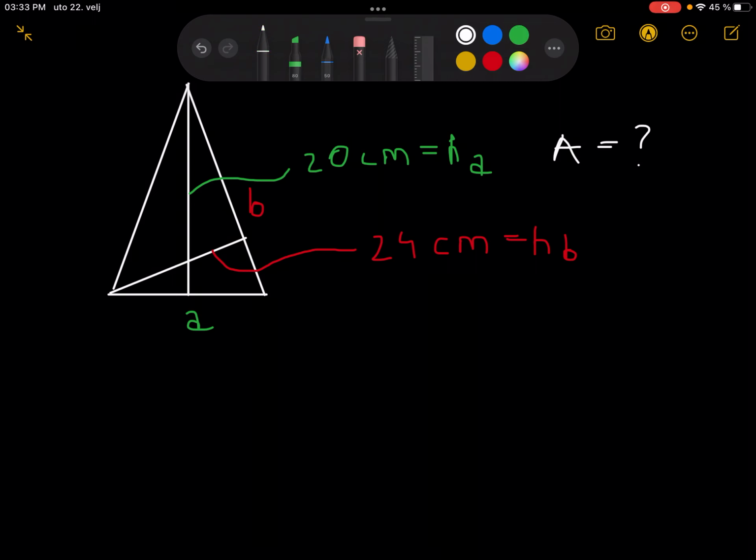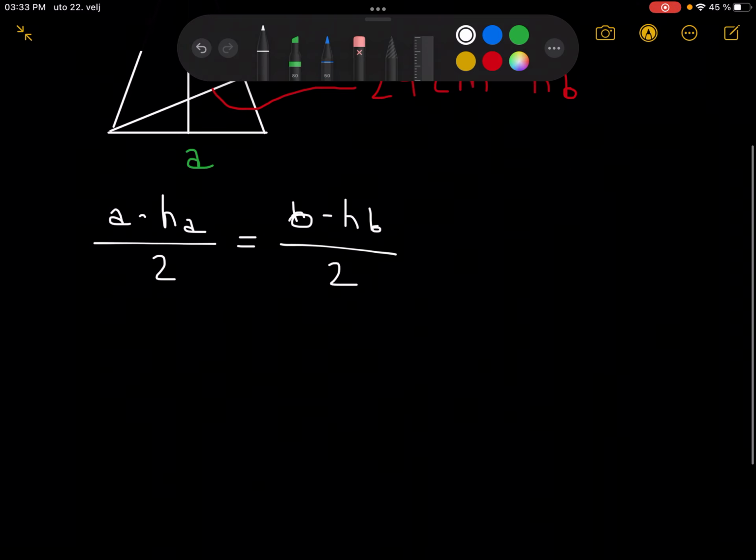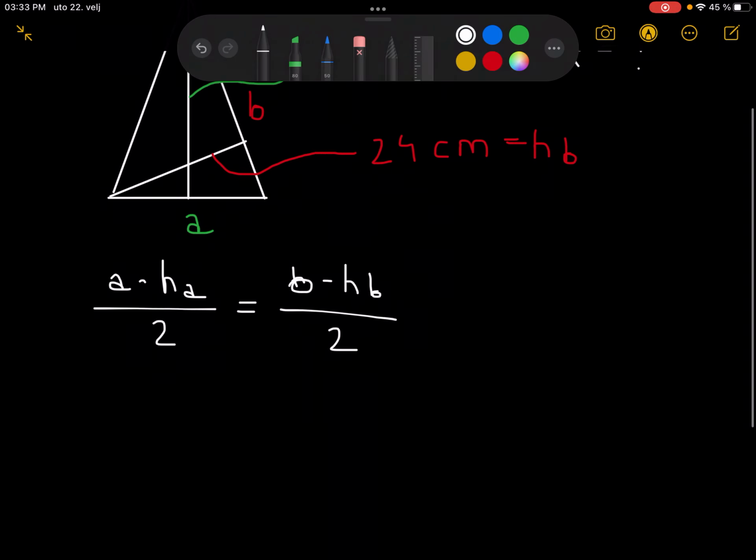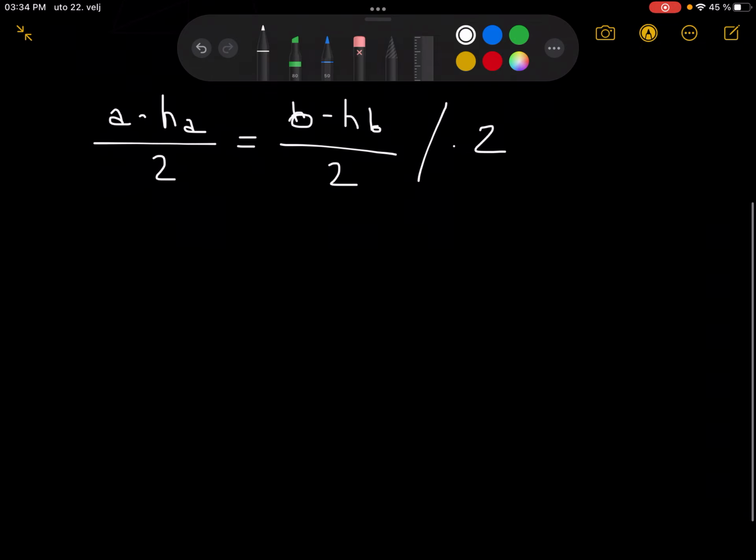Of course, we know that the area of any triangle is A times HA over 2, and it's also B times HB over 2. Before plugging in the numbers, we're going to multiply both sides by 2.